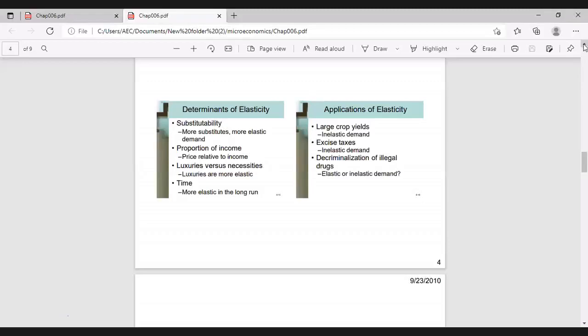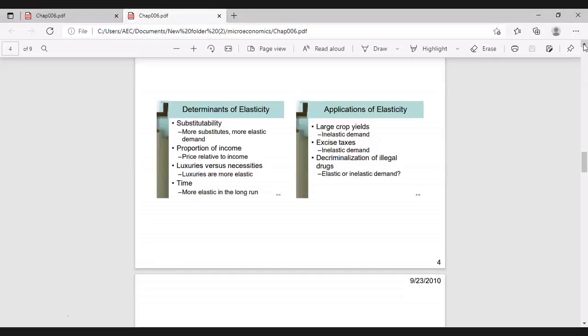So, first factor, substitutability. For each product, there are substitutes. Some products have few substitutes. Some products have no substitute. So if a product has more substitutes, then that product has a higher elasticity.